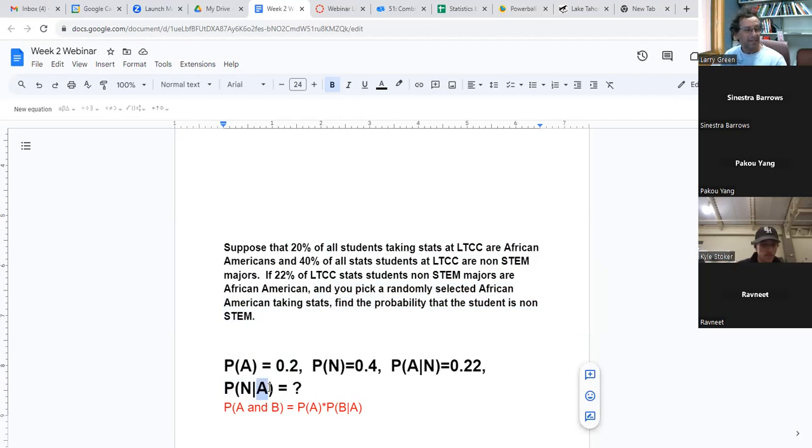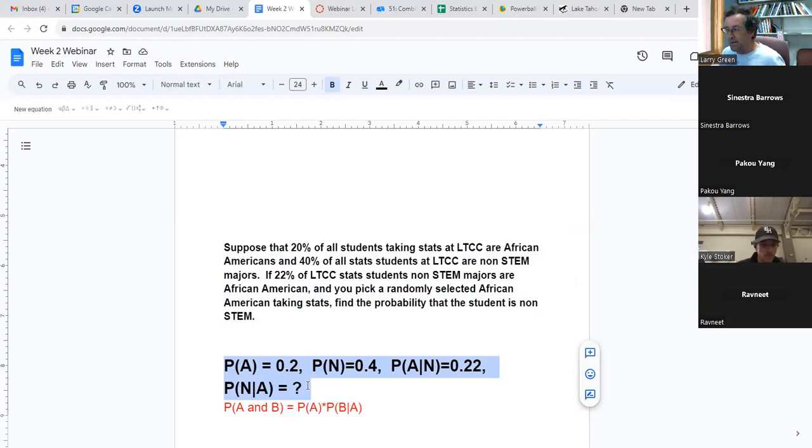There's the A. So it's the probability of N given A. This is what we're asked to find because it says find the probability. When you're asked to find something, I like to write a question mark. So that's equal to, I don't know, question mark. Any questions at all about taking this paragraph and turning it into symbolic equations?